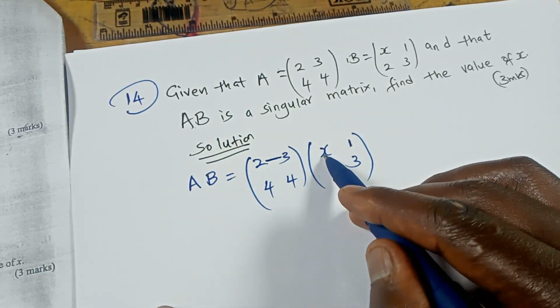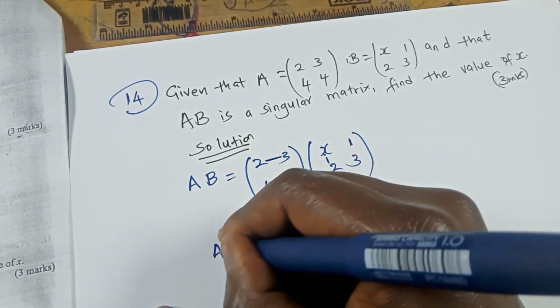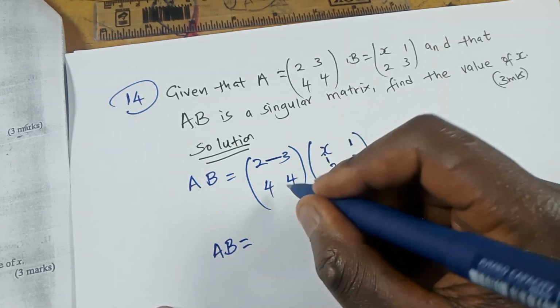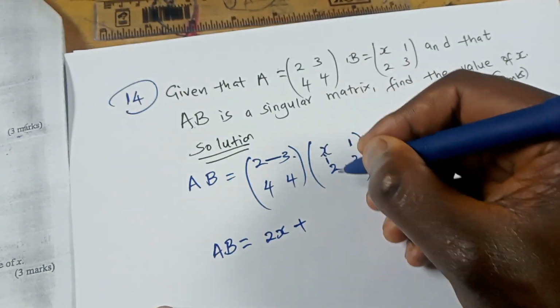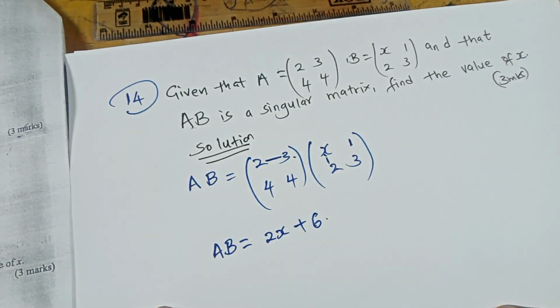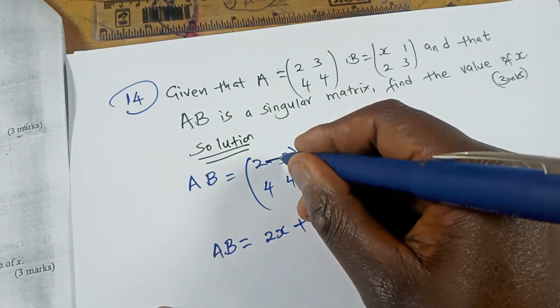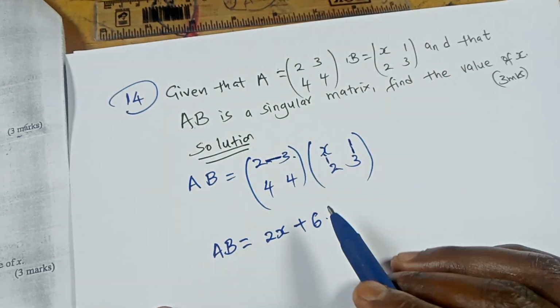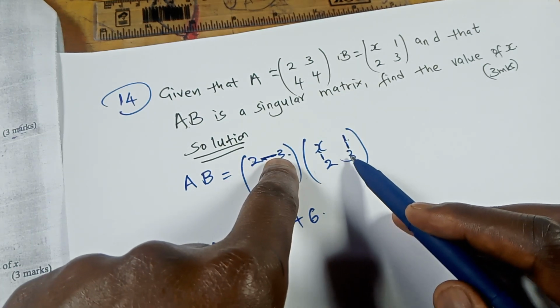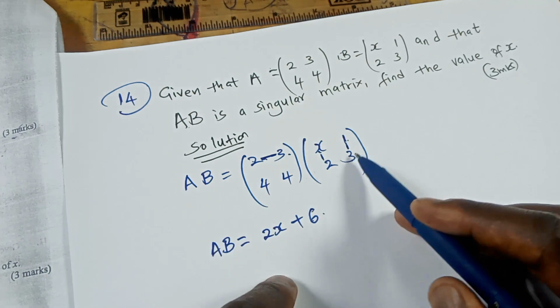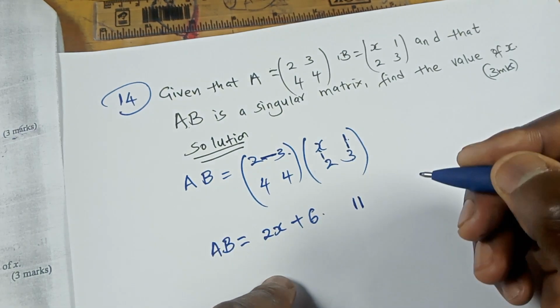So 2 multiplied by x will give us 2x. So quickly we will say AB is 2 times x is 2x plus 3 times 2 is 6. Then we are going to multiply the same first row, second column. And we have 2 times 1 is 2 plus 3 times 3 is 9. So 2 plus 9 will give us an 11.